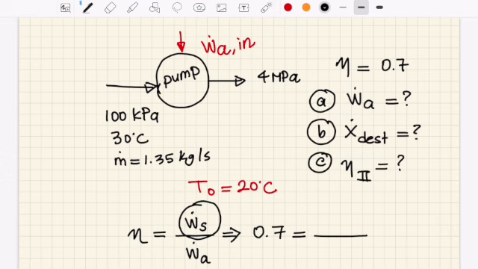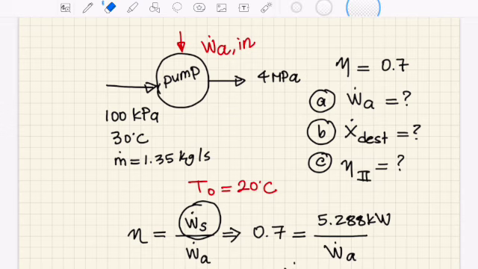We have figured out what the isentropic power is from the equations we have derived in the classroom for an isentropic steady flow device, and therefore the actual power input to the pump will be 7.554.